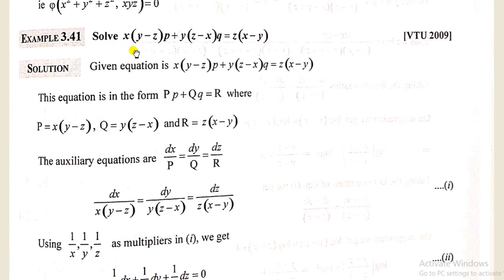Next example: x(y − z)p + y(z − x)q = z(x − y). Again it is in standard form. So write the auxiliary equation of the Lagrange linear equation.